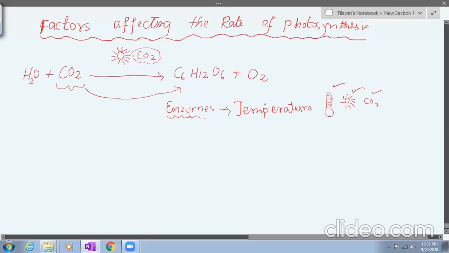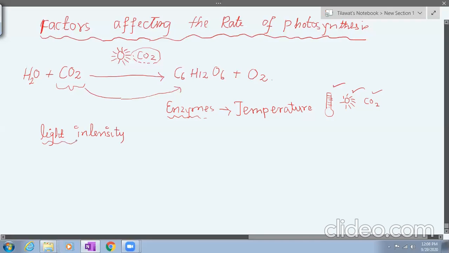So let's suppose the first one we will do is light intensity. Right?